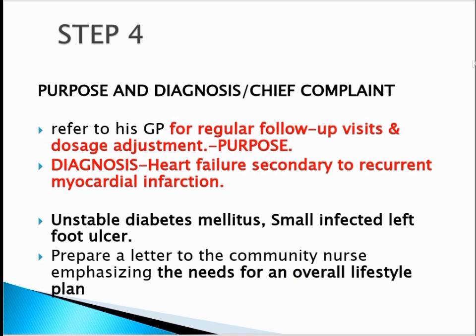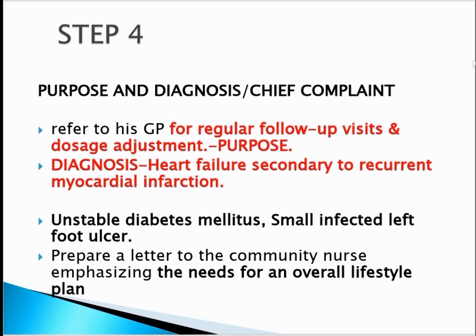Let's see an example here. Refer to his GP for regular follow-up visits and dosage adjustment. So that's the purpose. Diagnosis is given here: heart failure secondary to recurrent myocardial infarction. So how will we write?